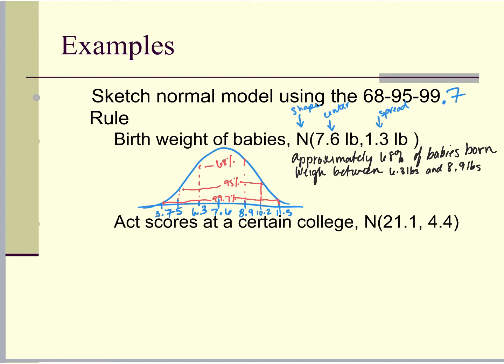Now, approximately 68% of the babies born weighed between 6.3 and 8.9 pounds. Approximately 95% of babies born weigh between 5 and 10.2 pounds.